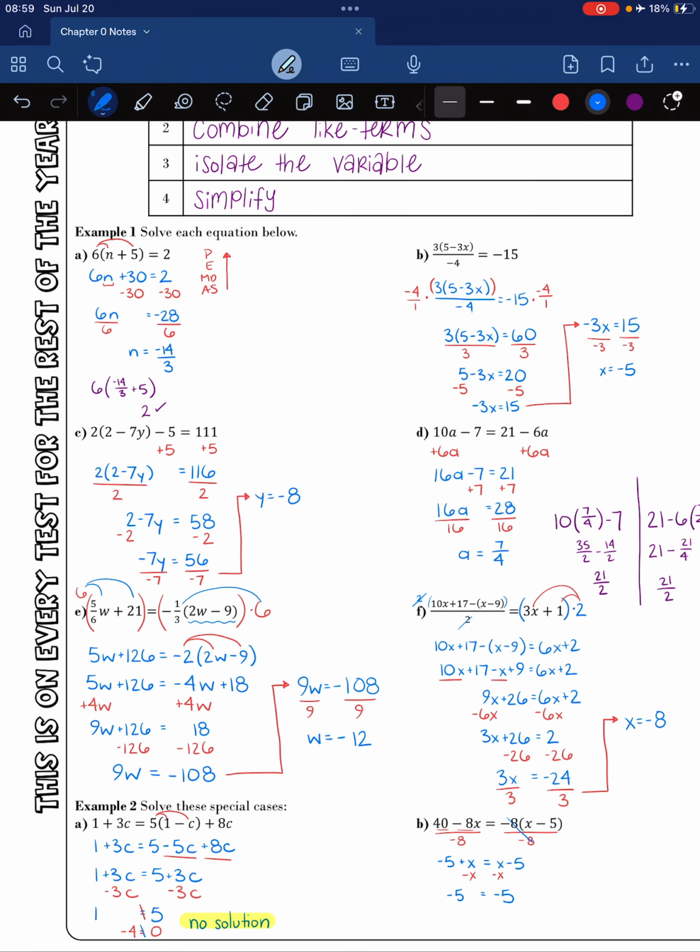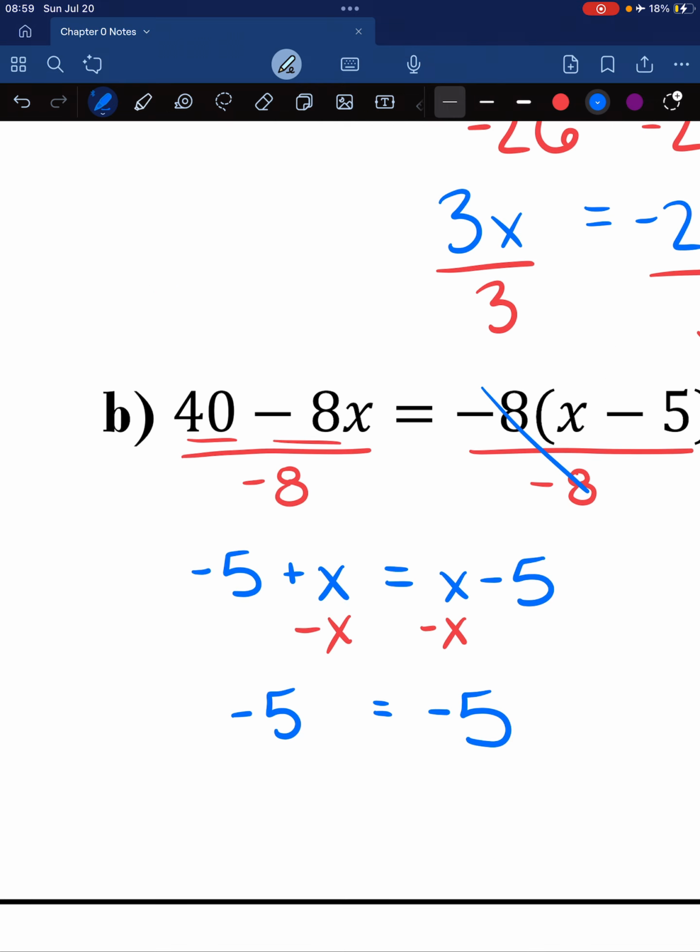And we end up almost in the same spot that we did in A over here. We end up with my variable disappearing entirely. The difference, though, is I ended up with negative 5 equals negative 5. Maybe you ended up with, actually I think you would have ended up with positive 40 equals positive 40. Or maybe you even end up with 0 equals 0.